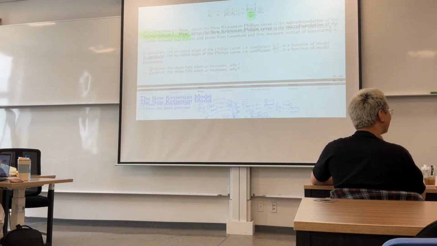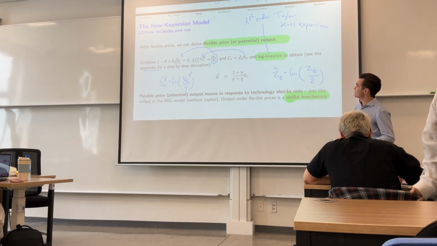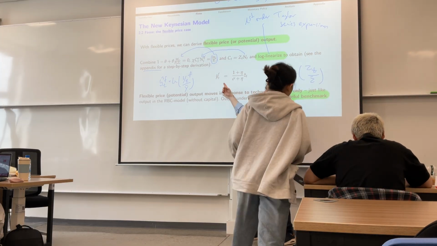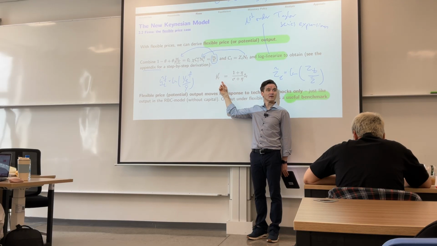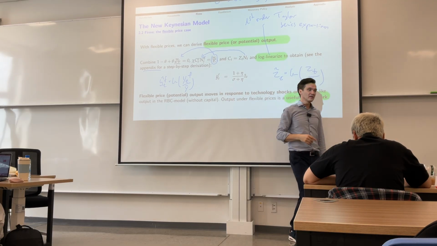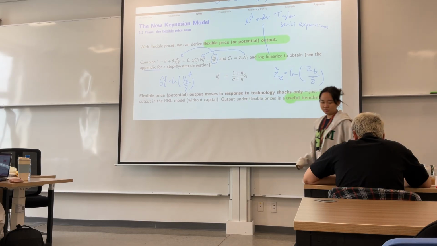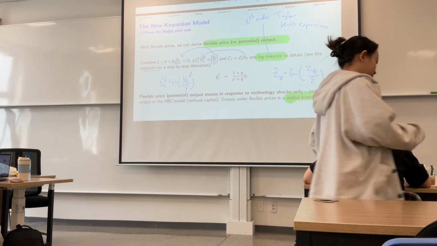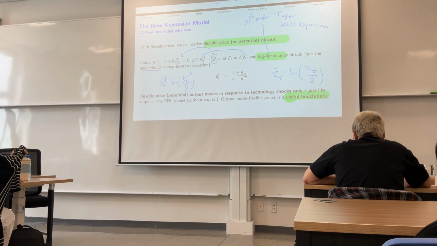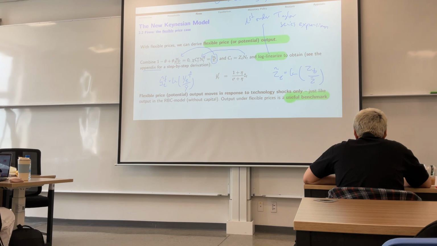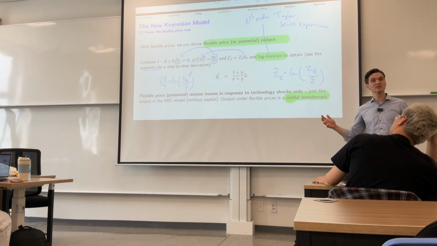Okay, so we defined it this way, right? So we define flexible price output as, by definition, the level of output when all prices are flexible. So think about this as a hypothetical economy. It's not the economy we're living in. We're living in an economy with sticky prices, right? So this is like a dream world. This is like how would the Vietnamese economy look when all prices would be flexible?